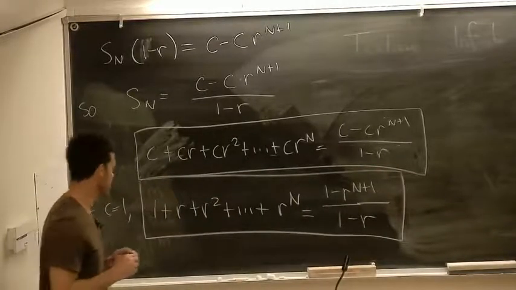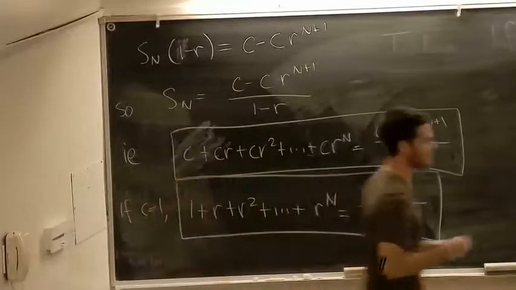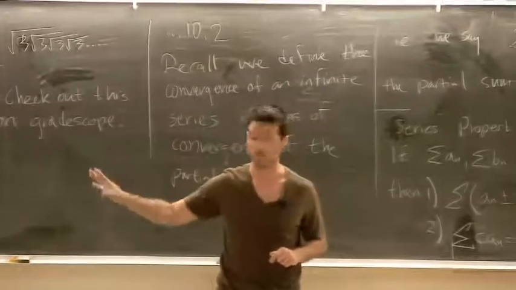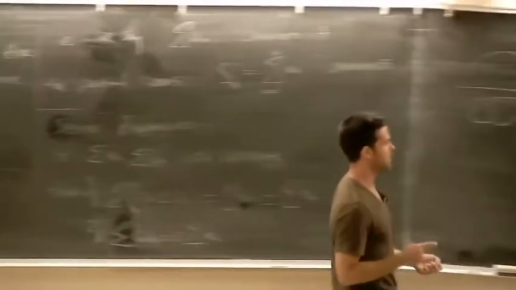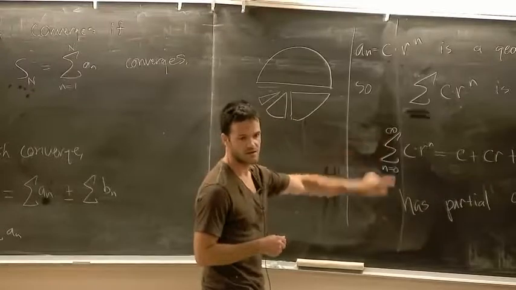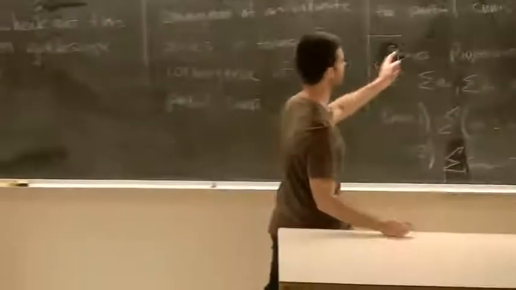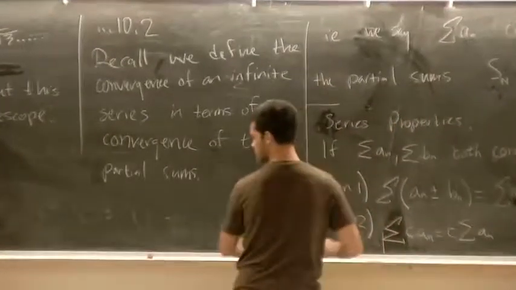Okay, that's great, although I still haven't answered the question of what the infinite series converges to. This is only a finite sum. This is just the partial sum. What we really want to know is what happens when we let the terms go off to infinity. So now I can do what I said here, is take the limit.